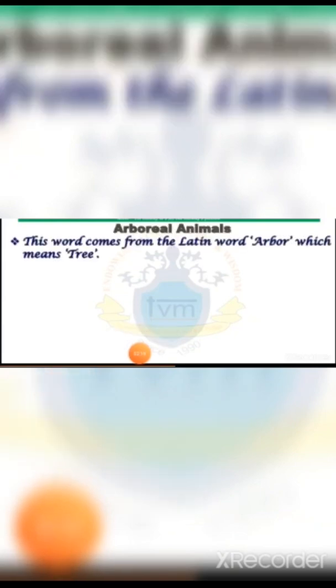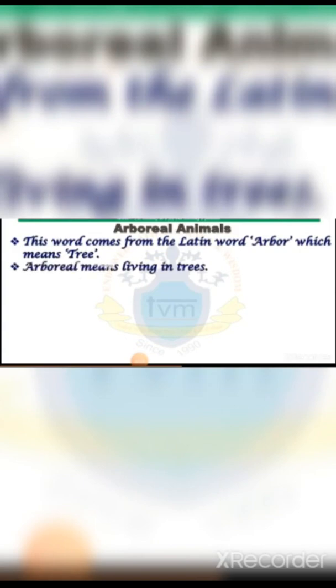What is meant by arboreal? The word comes from the Latin word arbor, which means tree. Arboreal means living in trees. Understood? So the animals which live in trees are called arboreal animals. Very easy. Now, these trees give them certain advantages.